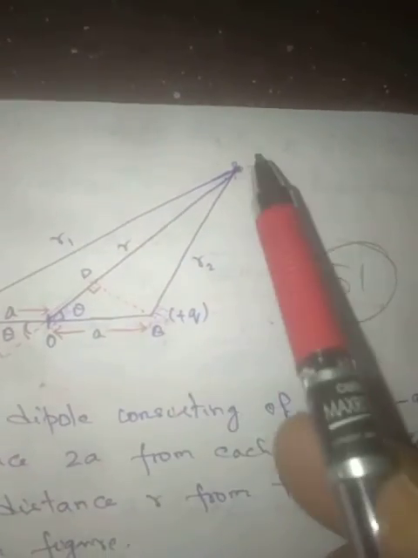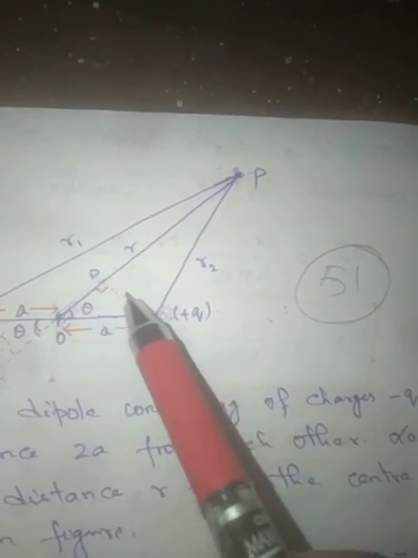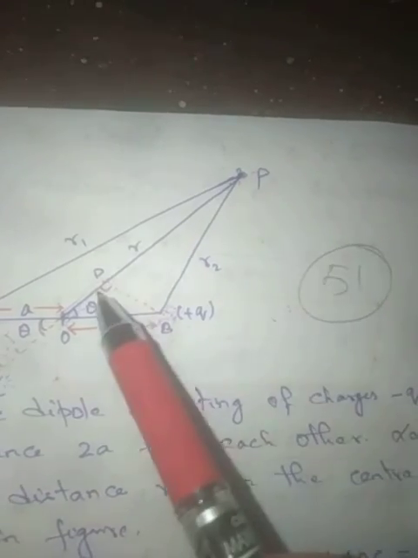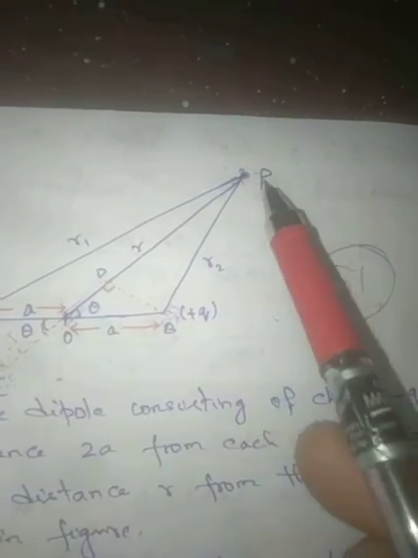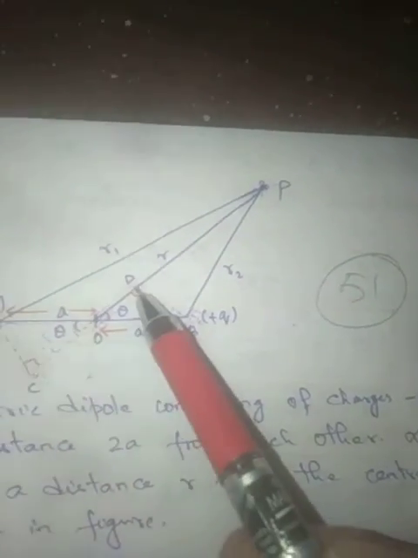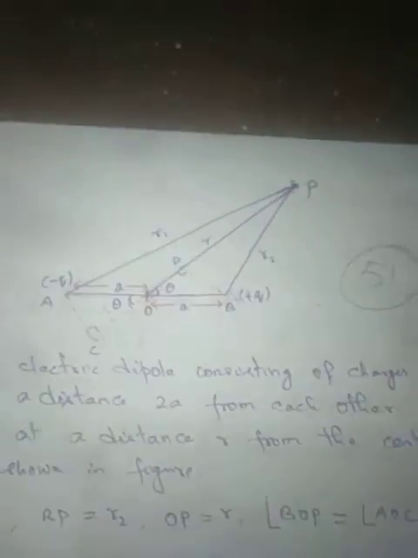Similarly for a short dipole, this r2 is equivalent to only this distance DP, but DP equals OP minus OD, where OP is r and OD is again a cos theta.